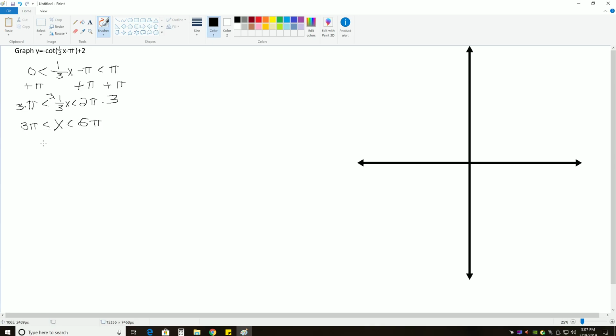So it's at this point that we can now find the actual period. So remember that the period for sine and cosine is 2 pi over b, but the period for tangent and cotangent is just pi over b.